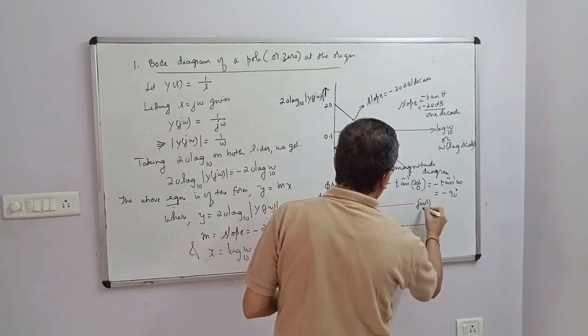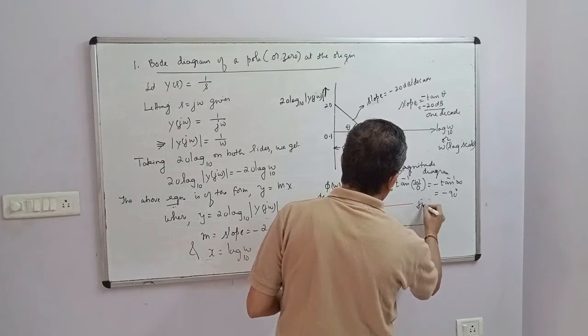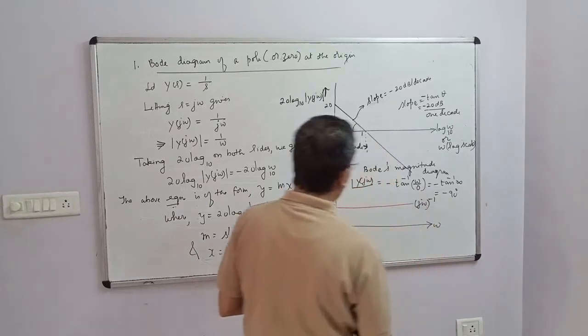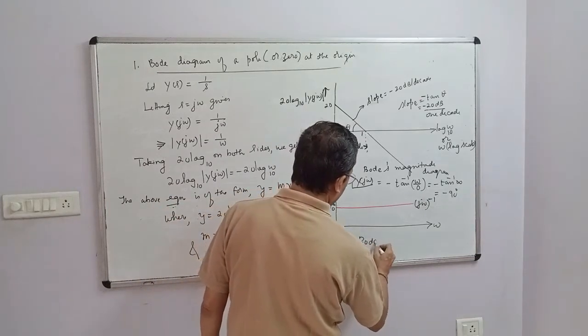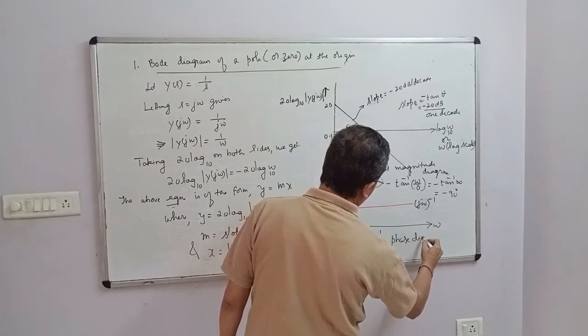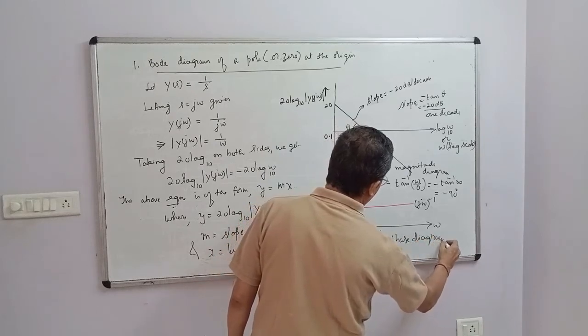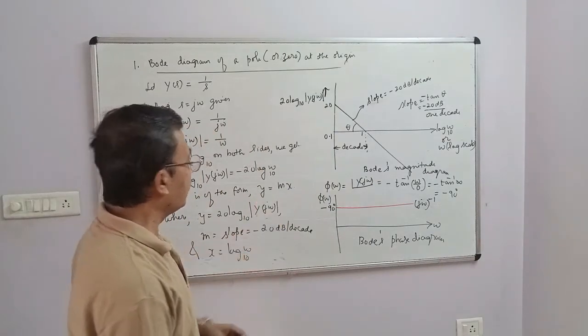This is the phase diagram for (j omega) to the power minus 1. This is Bode's phase diagram. Both Bode's magnitude diagram and phase diagram put together is called Bode's diagram, or simply Bode diagram.